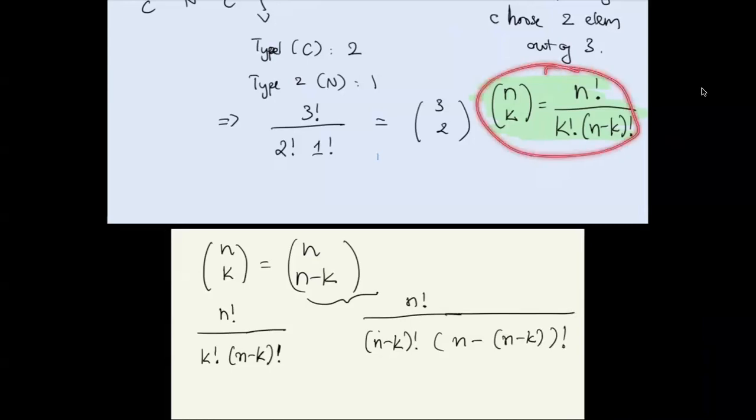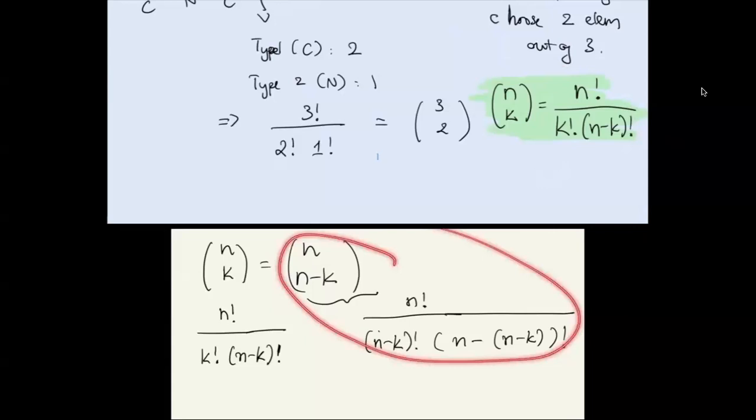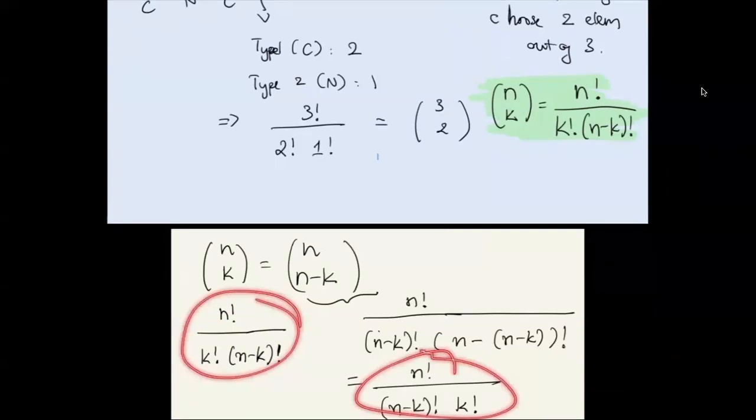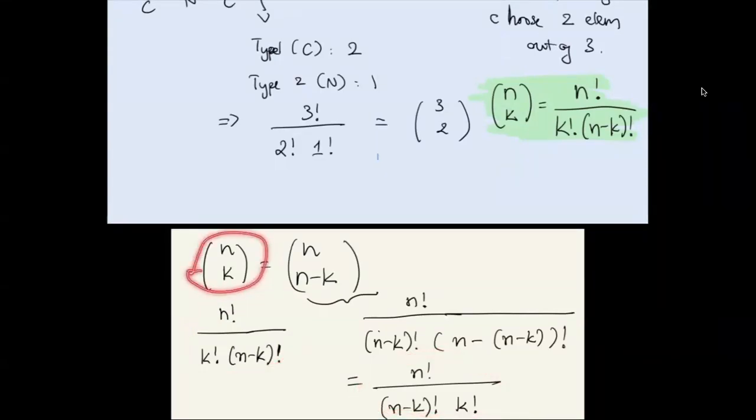I'm applying this formula to this one. And if we simplify it, we will have N minus K factorial in the denominator, and this term, N minus K, cancels out, so we are left with K factorial. Since these two numbers are equal, N choose K is equal to N choose N minus K. That's how you show it algebraically.